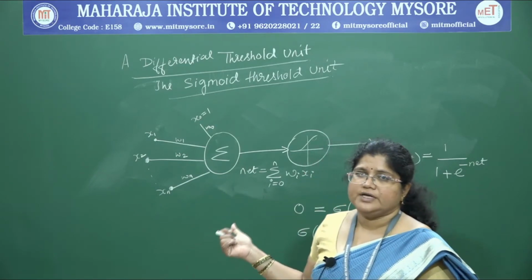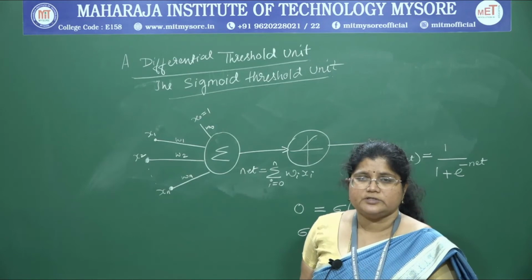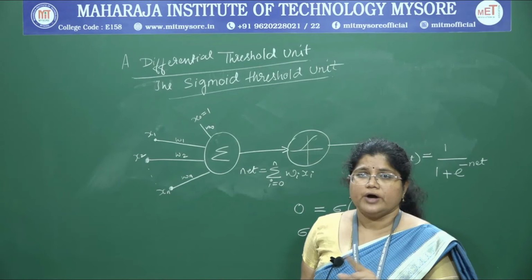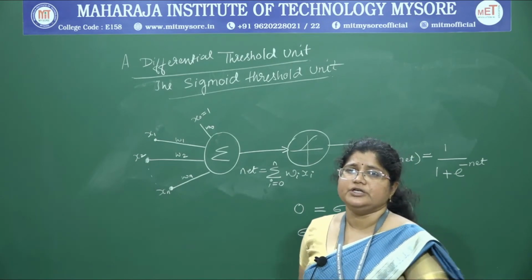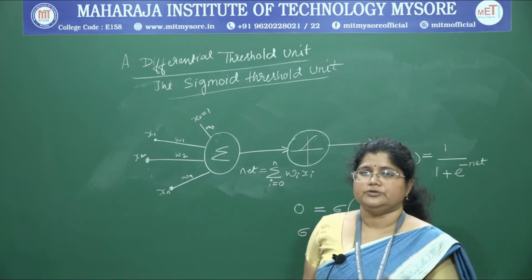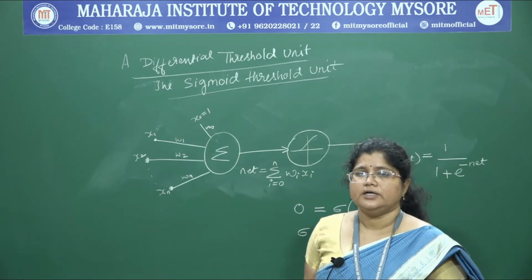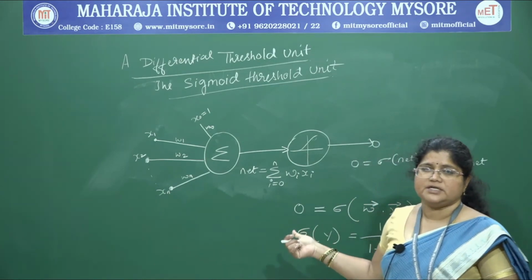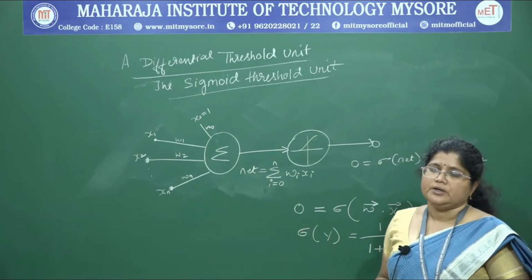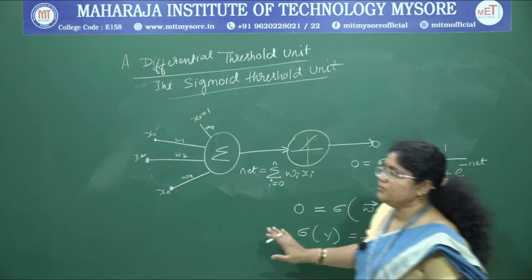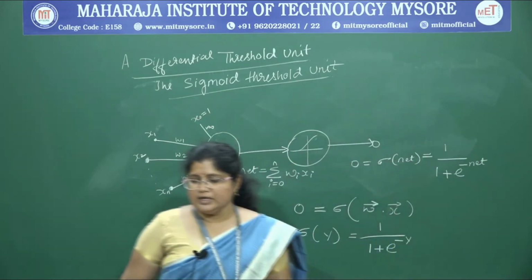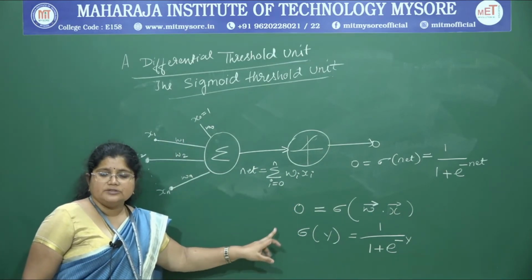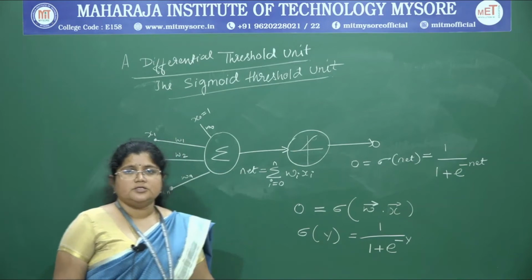Here this diagram is representing a unit which is utilized in a multi-layer neural network to address the non-linear function as an output and to represent the non-linear decision surface. So this sigmoid unit is based on the smoothened, differentiable threshold function.